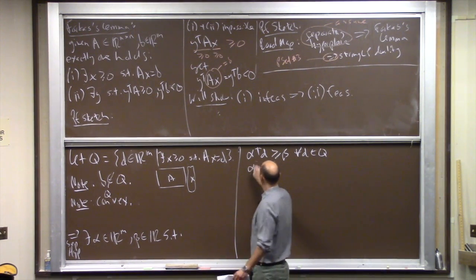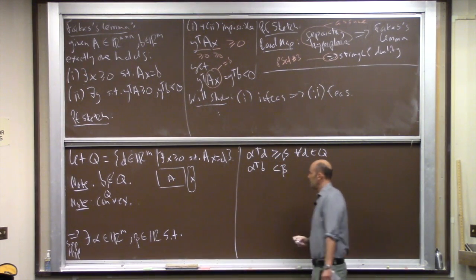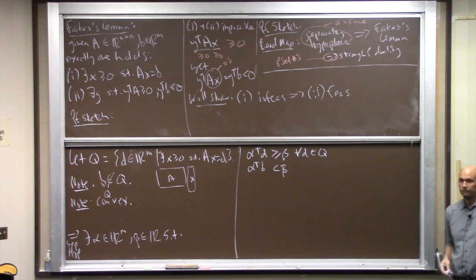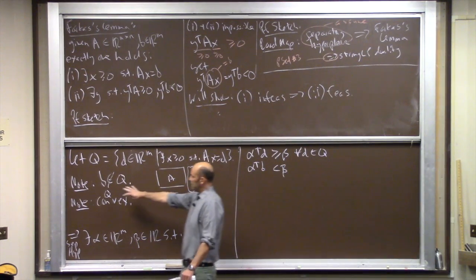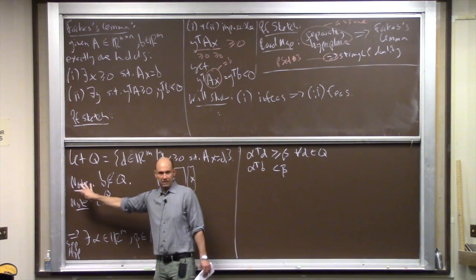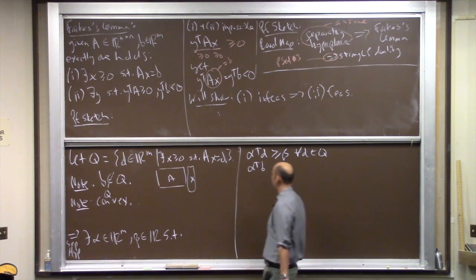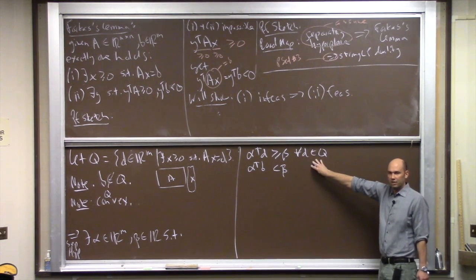But for our infeasible right-hand side, alpha transpose B is less than beta. Okay? So I haven't done anything fancy. I've literally just verified the hypotheses of the separating hyperplane theorem. We just applied a black box, and by the statement of that theorem, we're assured of such an alpha and beta.